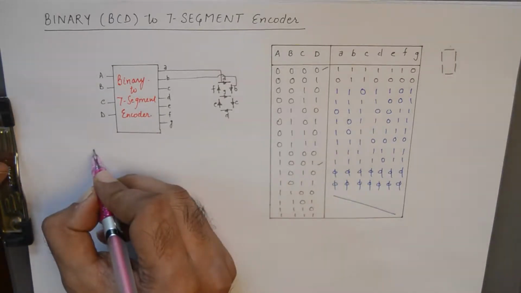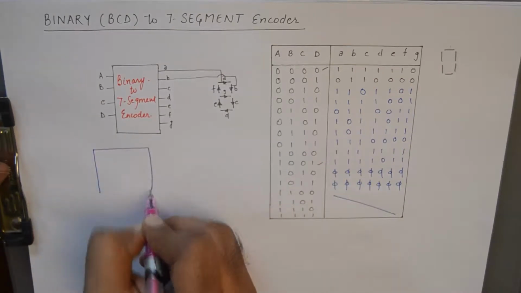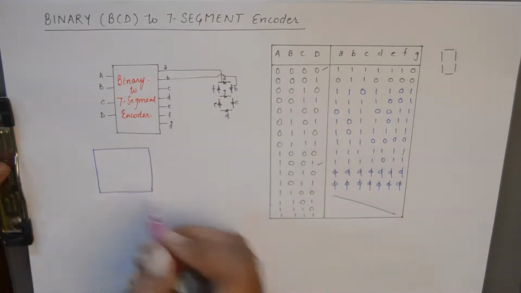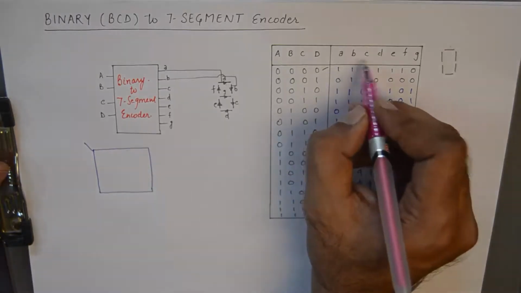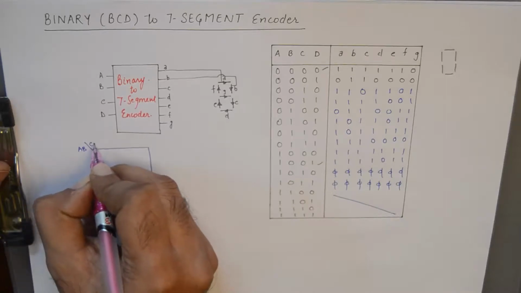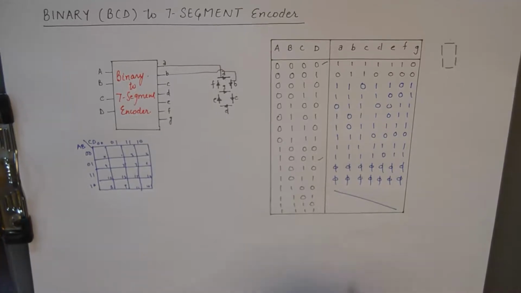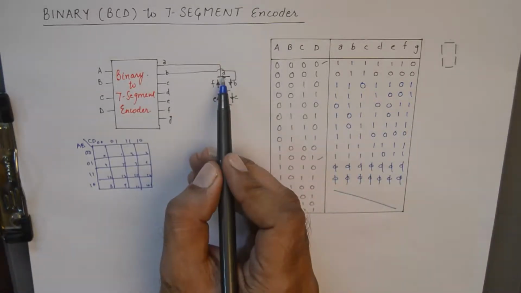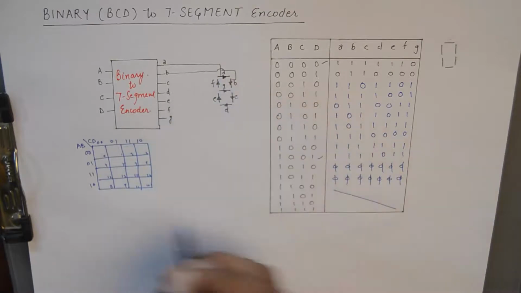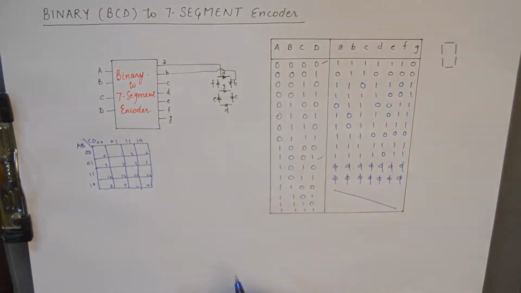Now we'll need to draw K maps for each of these 7 outputs. So we need to find the output expressions for small a, b, c, d, e, f and g for the inputs capital A, B, C, D. For example, we need to determine the expression for the output small a, which connects to the LED placed here. We'll put in the outputs in this K map.